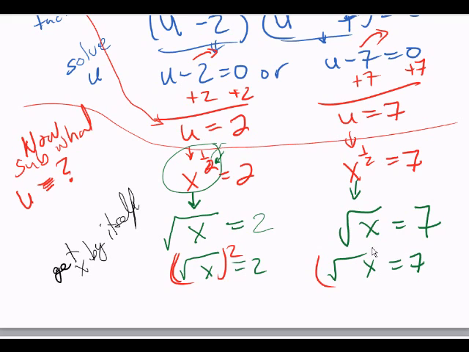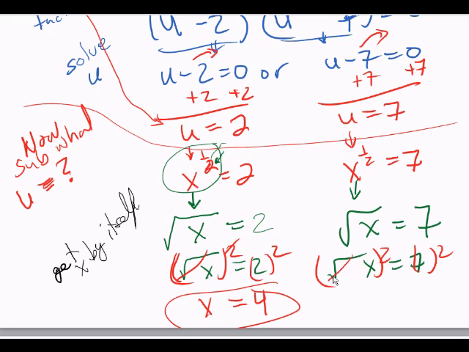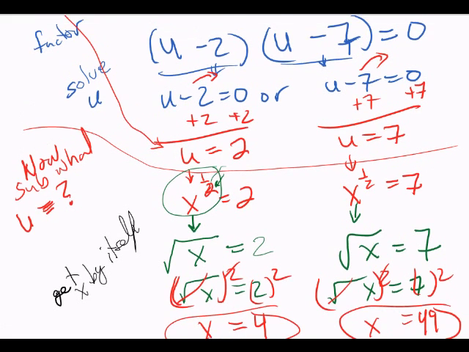Yeah, the opposite of square root is squaring it. Whatever you do to one side, you do to the other. Square root and square cancel. I'm left with x equals 2 squared, which is 4. Square root and square cancel. I'm left with x equals 49. 7 squared is 49, and there's my two answers.